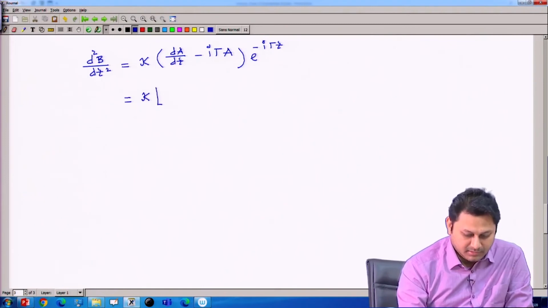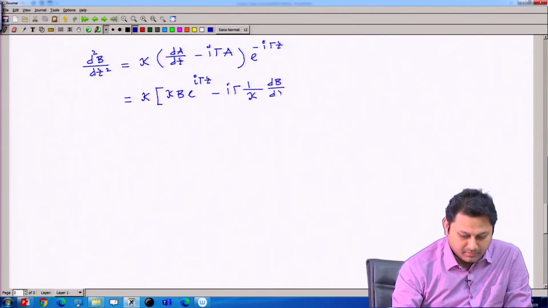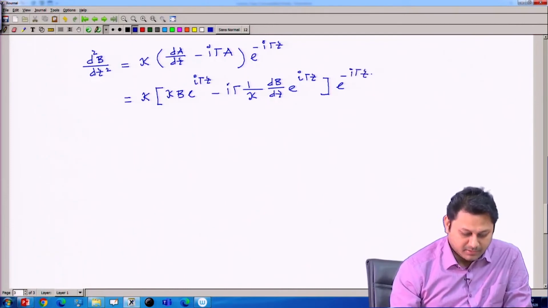So, this dA/dz I can write as kappa B e to the power of i gamma z minus i gamma. I can write A as 1 by kappa del B del z, then e to the power of i gamma z, and e to the power of minus i gamma z will be here.